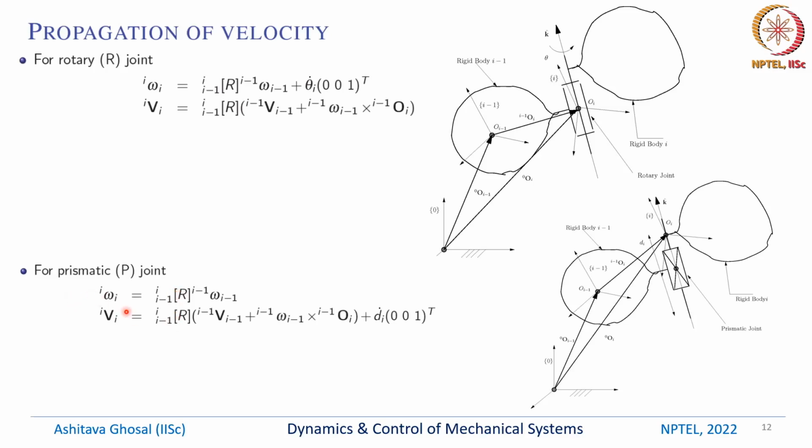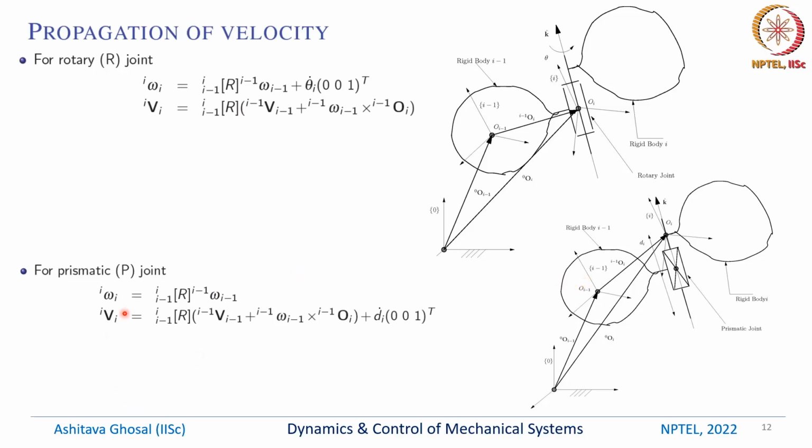So I omega I is nothing but I minus 1 omega I pre-multiplied by a rotation matrix to make it consistent. And again, I omega I is nothing but the body fixed angular velocity vector of rigid body I written in the ith coordinate system.